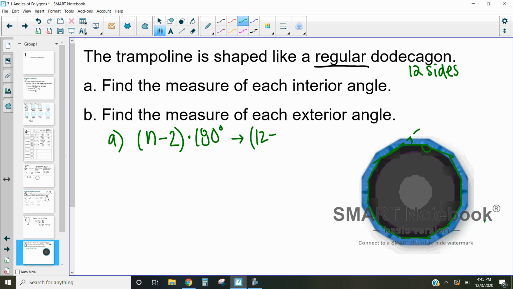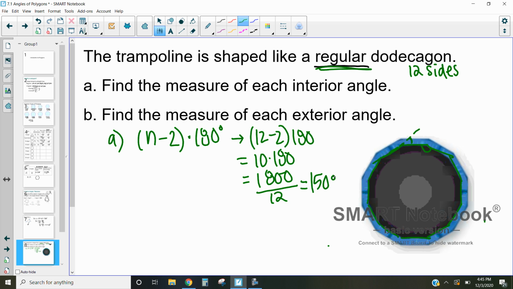So we've got 12 minus 2 times 180, which is 10 times 180, or 1,800. Now with this 1,800, because we want to find each interior angle, knowing that it's regular, that means each of those interior angles are the same. So I'm going to divide that by 12. And when I divide that by 12, I end up getting 150 degrees. So the measure of each interior angle of this dodecagon is 150 degrees.